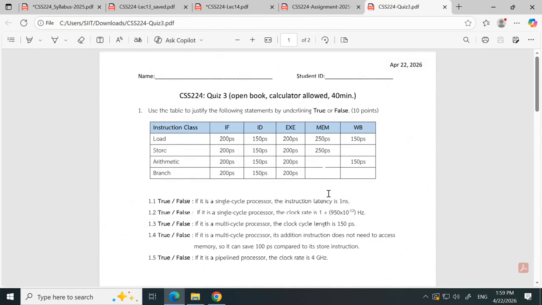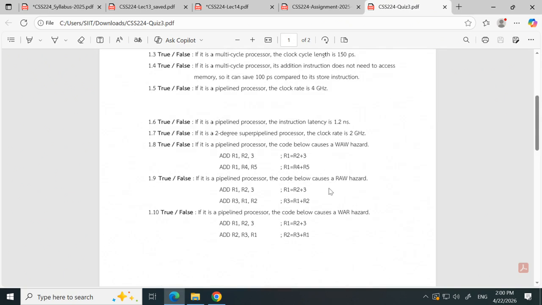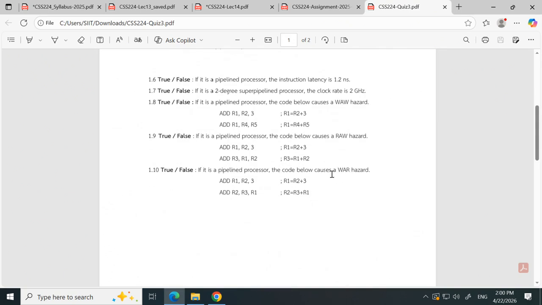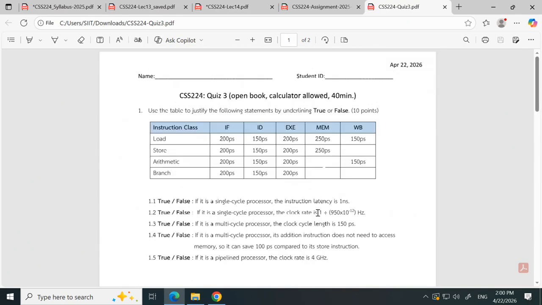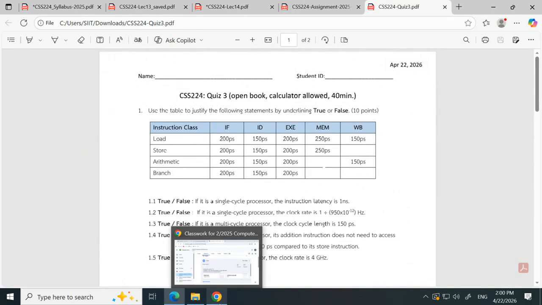Open book, calculator allowed, no problem. Any smart devices, go ahead. 40 minutes, okay? It might look complicated at your first glance, but believe me, you're going to be fine.